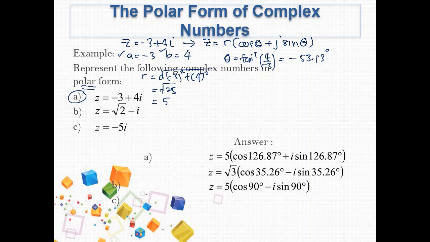To know the location of negative 53.13, draw the Argand diagram and plot. Where is the point? Sorry, it is negative 3 because a is negative 3.